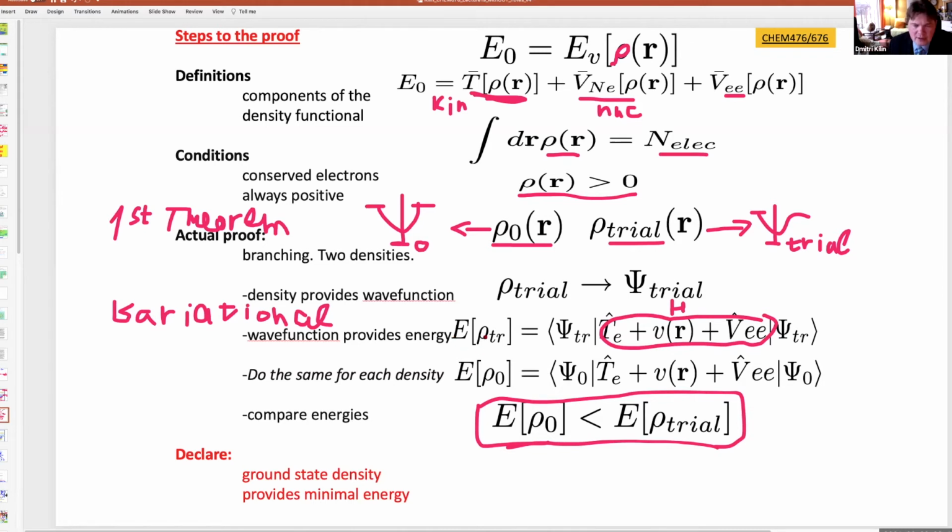We are comparing total energy. We are practicing the variational theorem 2 times. Once with the ground state wave function, which is obtained from density, and another time with the trial wave function, which is obtained from trial density.